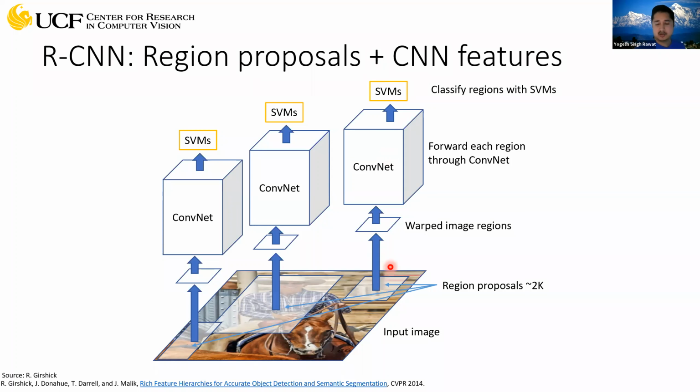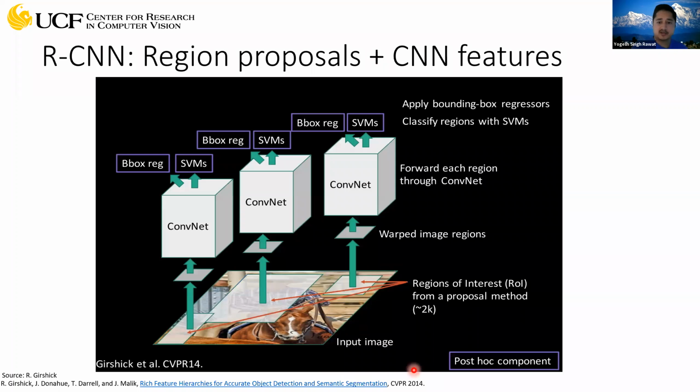Now, in addition to that classification, you can also predict a regression head. Again, this is similar to the solution we saw previously: you have a CNN, and given an image, it can classify that object. That is the first head, and the second head, last time, we used to predict the bounding box coordinates.